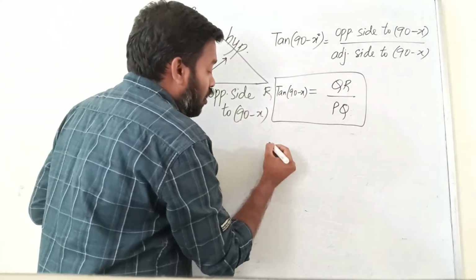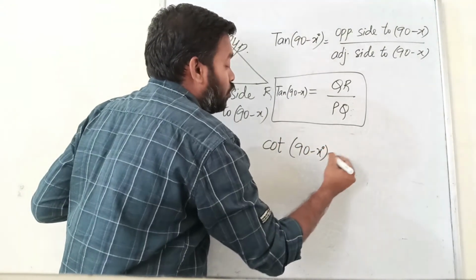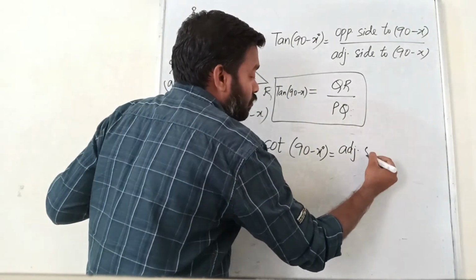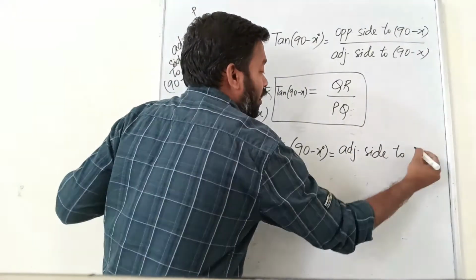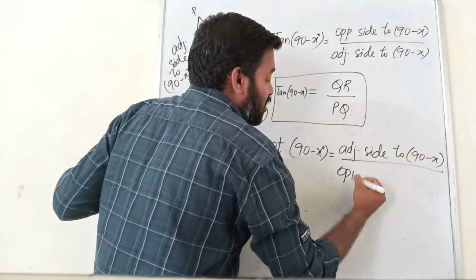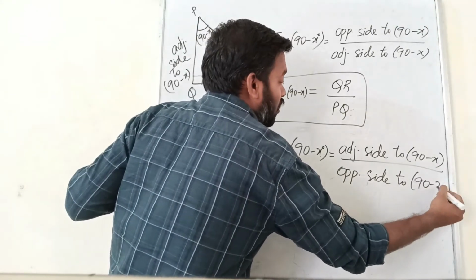Let us go for cot 90 minus x, which is the reciprocal of tan. That will be the adjacent side to 90 minus x by the opposite side to 90 minus x.